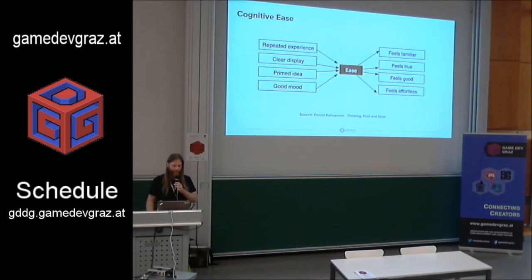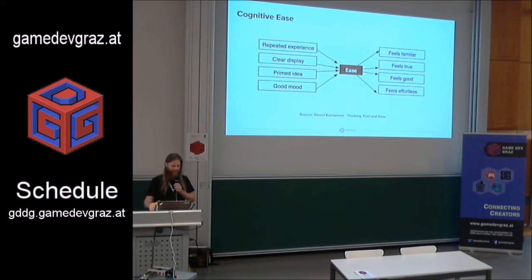So how does this look? Here's a picture from one of the books describing this. If you have repeated experience, like you have used the tool a lot, it will contribute to ease. If you have a clear display, and this means the user interface is nice and the font is readable and the whole experience of using it is nice, this also is ease of use. Then the primed idea, this is where the marketing comes in.